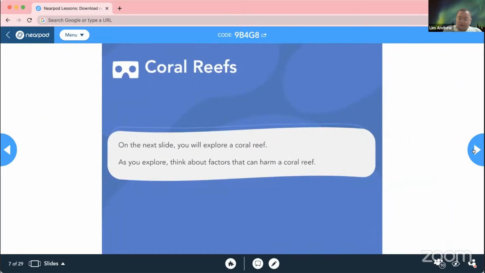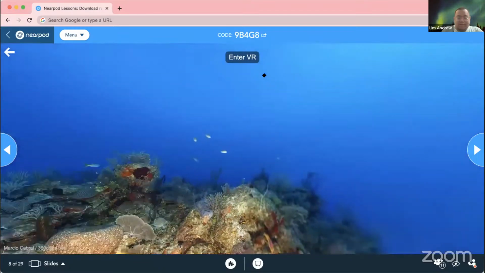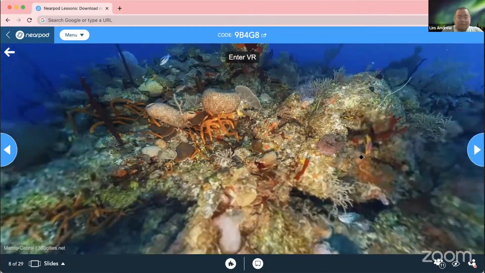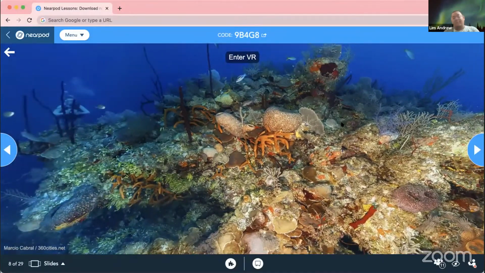So now, in the next slides, you'll be exploring a coral reef on your own devices. As you look at this coral, think about factors that can harm them. All right, so let's start now. In this particular picture, you can see this coral here. As mentioned just now, acids and bases interact with the environment almost every single day, every single second.